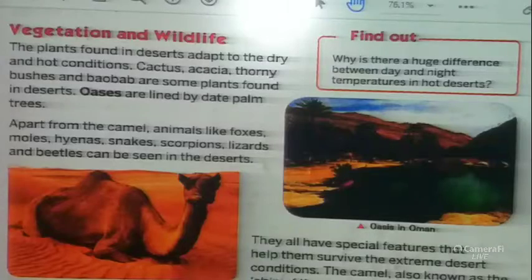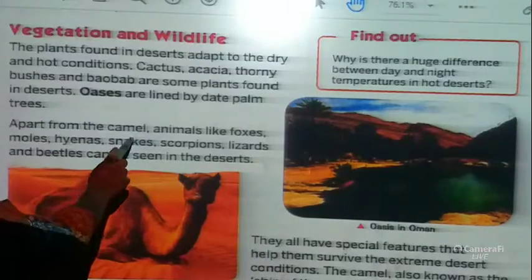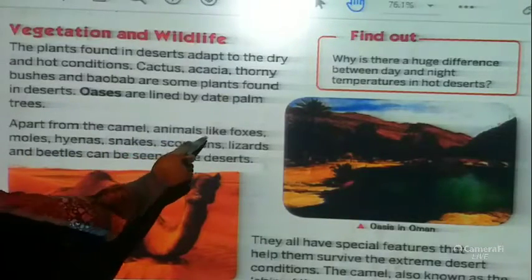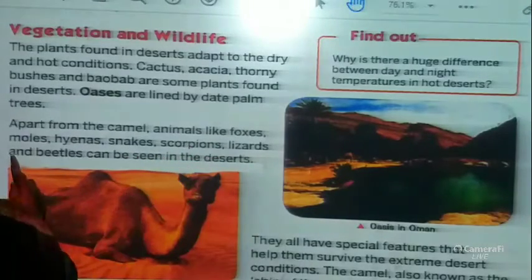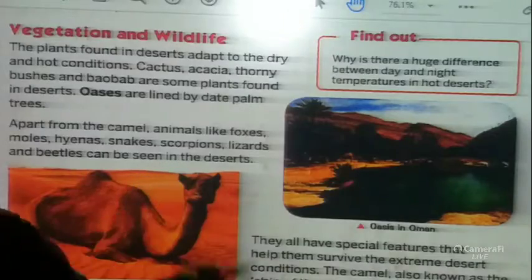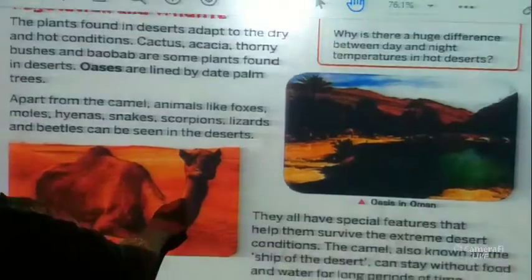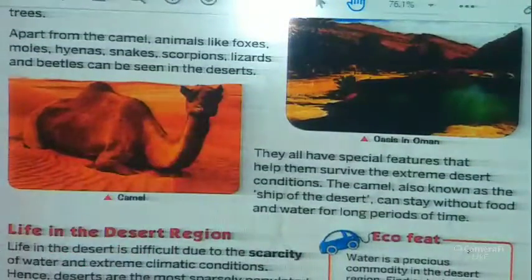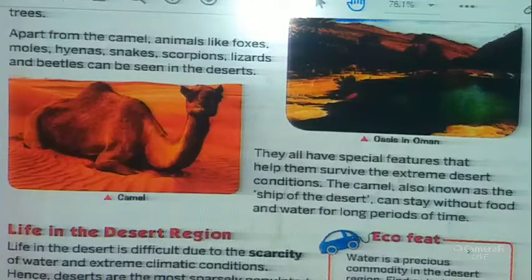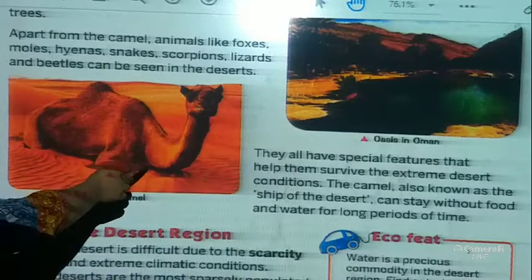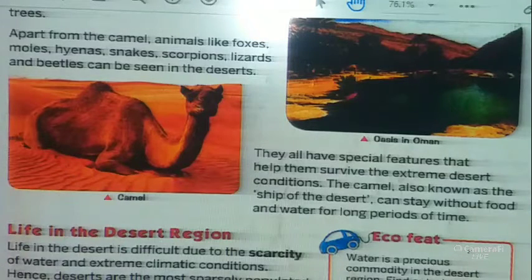Vegetation and wildlife. Apart from the camel, animals like foxes, moles, hyenas, snakes, scorpions, lizards and beetles can be seen in the desert. These are the common names, but they can be very dangerous. The camel is known as the ship of the desert, children, because of its height, and it can store water in its hump for at least 10 days.